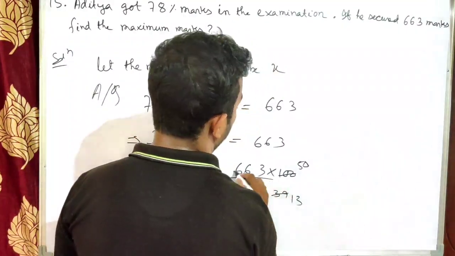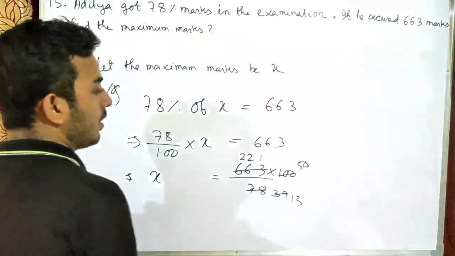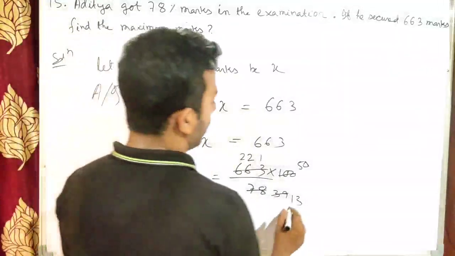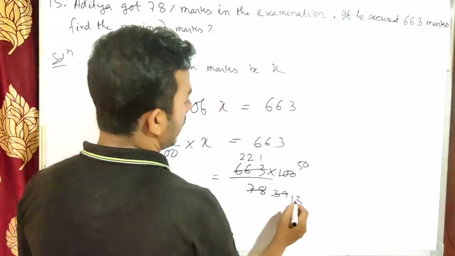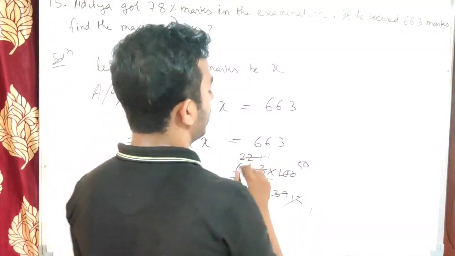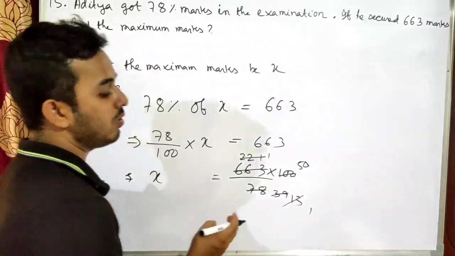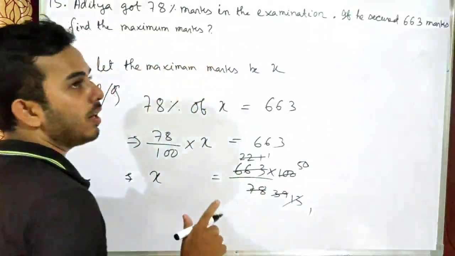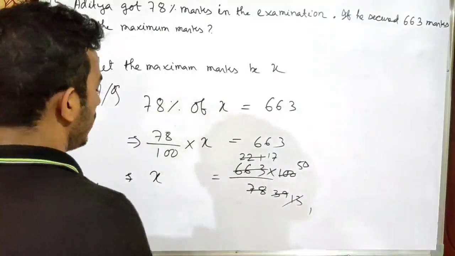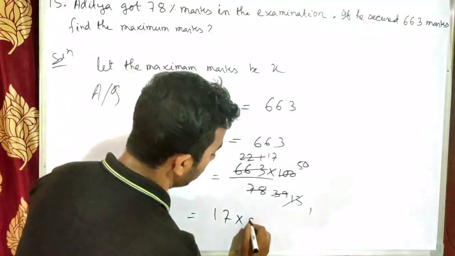Then 13 into 1 is 13, then what is left? 9, which makes 91. 13 into 7 is 91. So what is left is x equals 17 into 50.